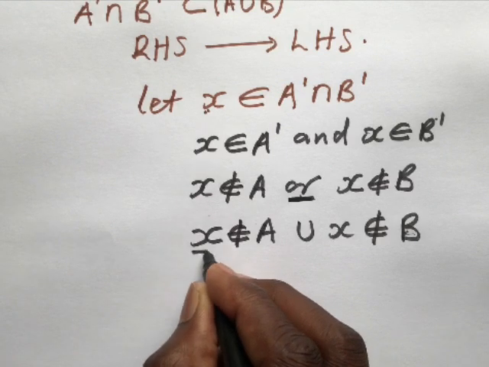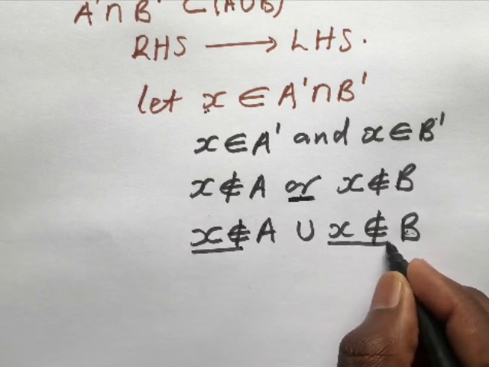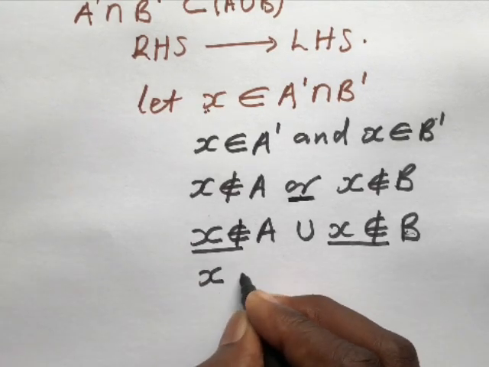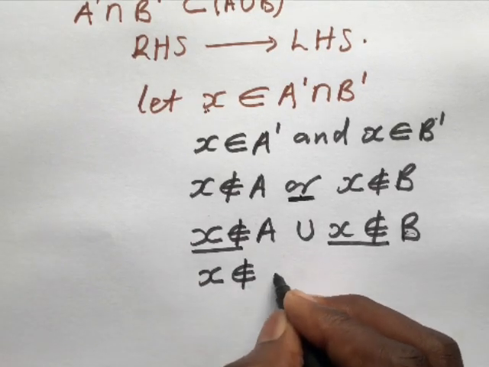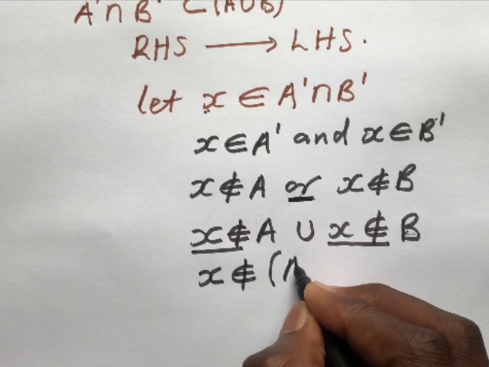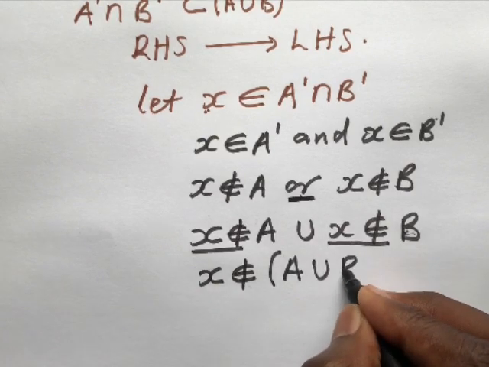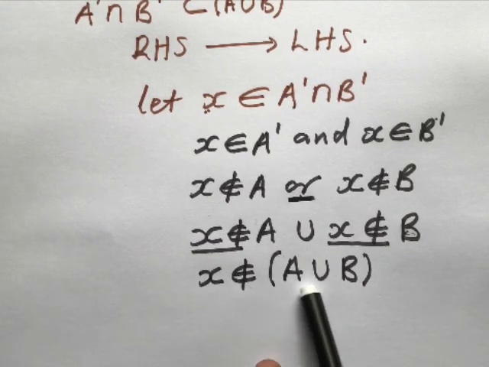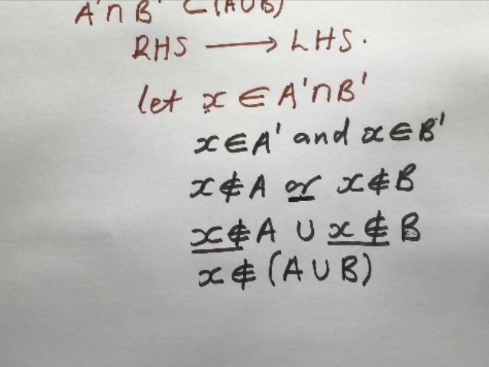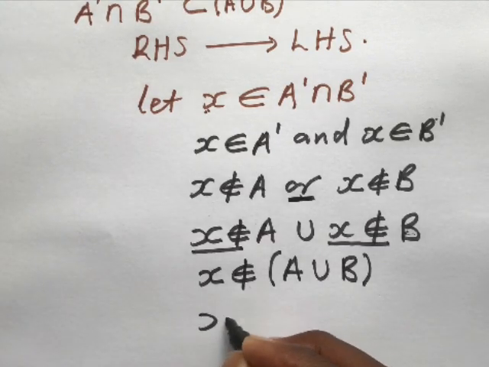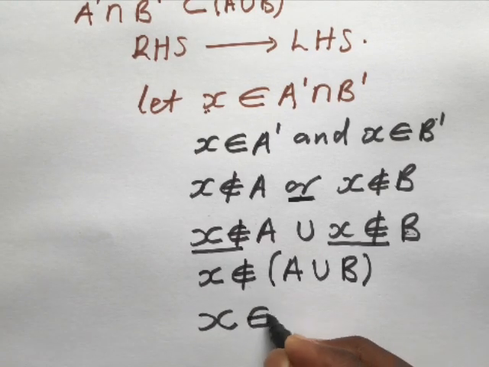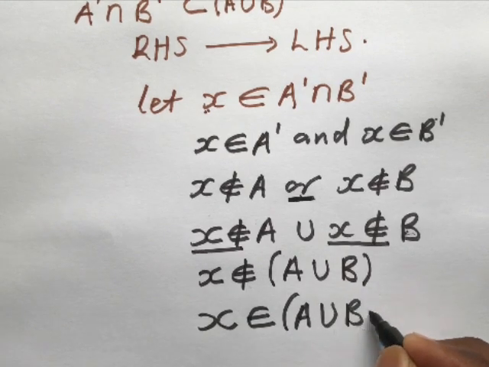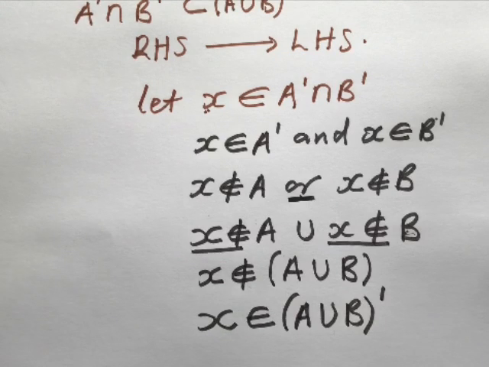We are going to have x can't be a member of (A union B). If x can't be a member of that, what does it mean? This actually means x can be a member of (A union B) complement.